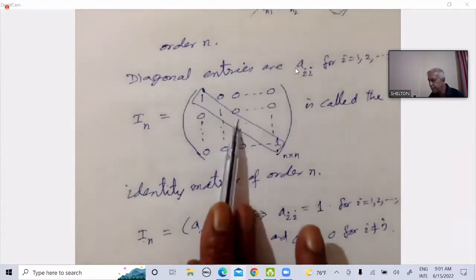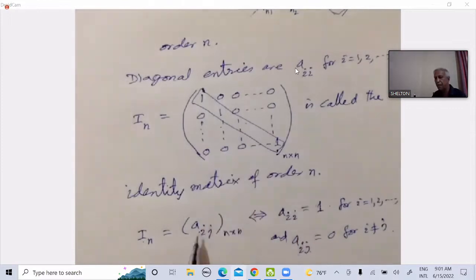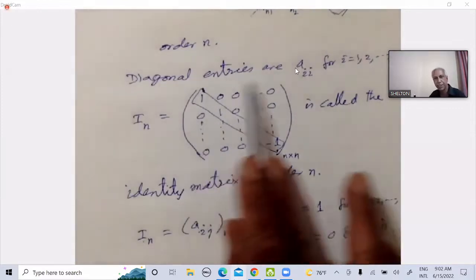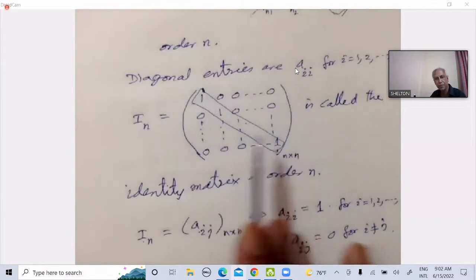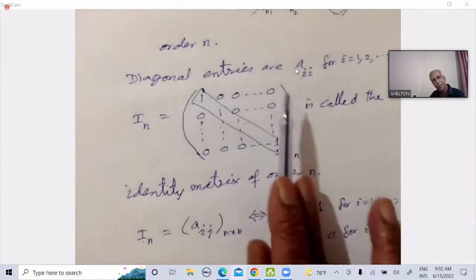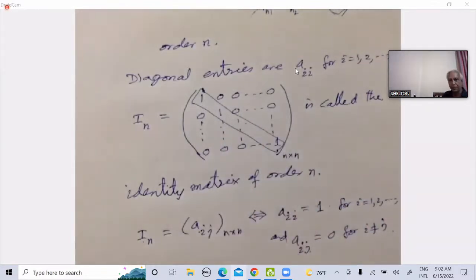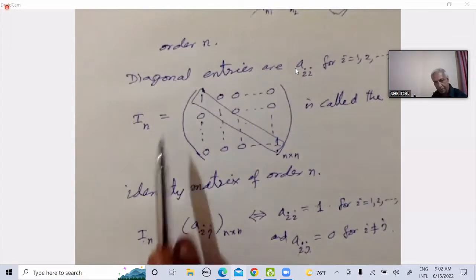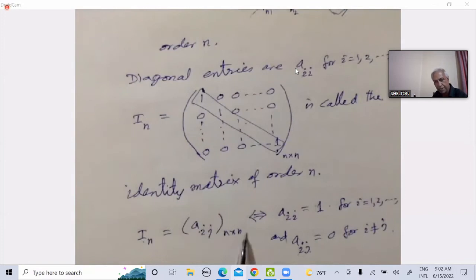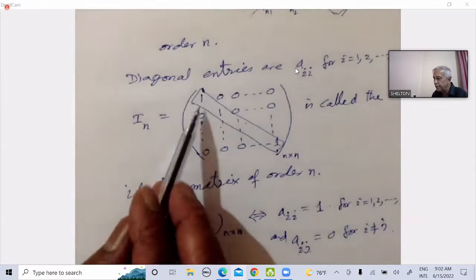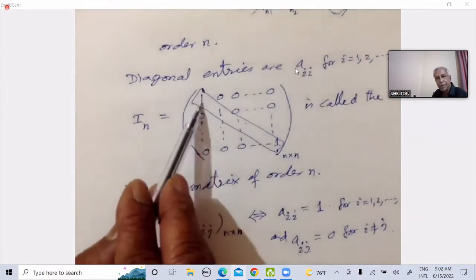Now we are going to express this using the A_ij notation. We are trying to express this whole thing without writing the matrix with entries. So let us take I_n to be A_ij, n by n. Now look at this matrix.